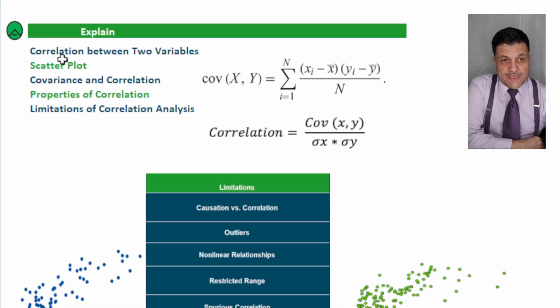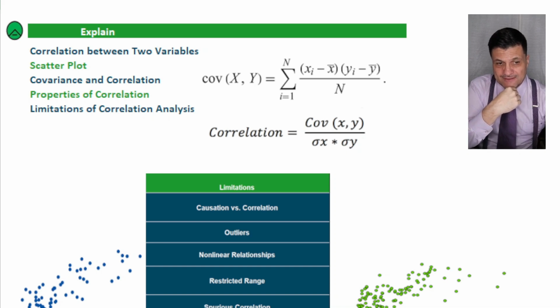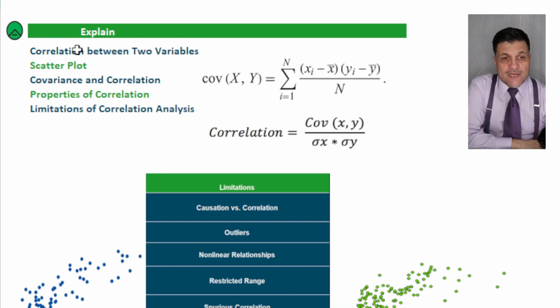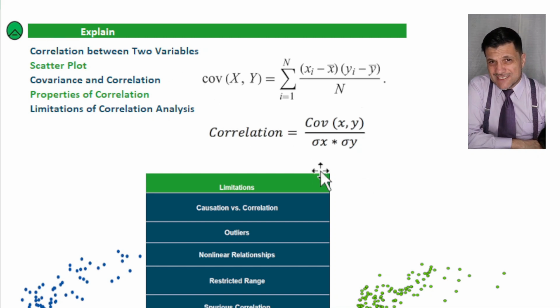We'll continue and talk now not about dispersion, but about correlation and covariance. It's like the intensity of those variables together when they combine forces. So look at that. Correlation between two variables. Make sure you know how to explain what correlation is.